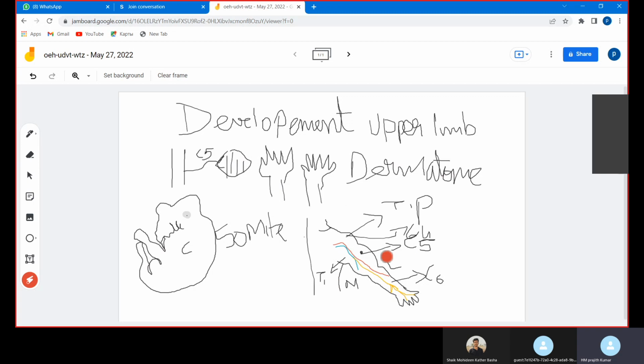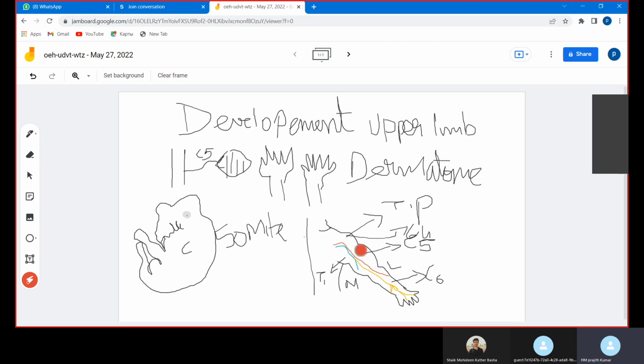We also know that the phrenic nerve has a root value of C3, C4, and C5 fibers. The major contribution is from the C4 fiber. The same C4 fiber, the C4 dermatome, is supplying the tip of the shoulder. If there is any damage to the phrenic nerve, it is going to be felt at the tip of the shoulder here. We have a radiating pain towards the tip of the shoulder.